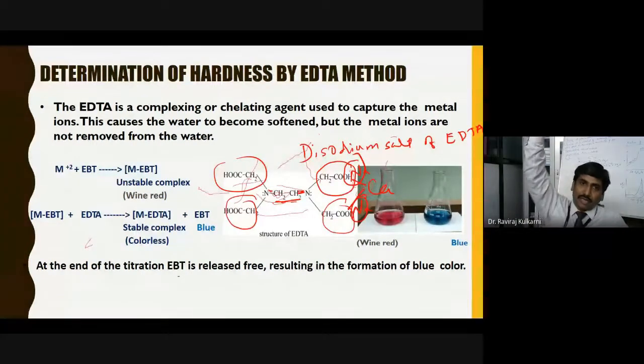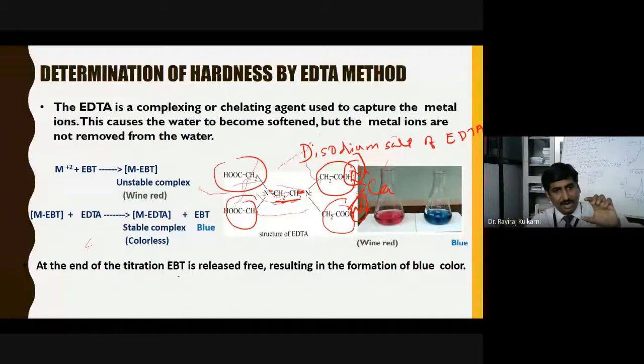Before passing through the resin we measure the hardness, and we measure the hardness again after passing through the ion exchange resin. That is your experiment: you have to determine the hardness before and after the ion exchange process, whether we get soft water or not. Is that clear to you? Yes, sir.